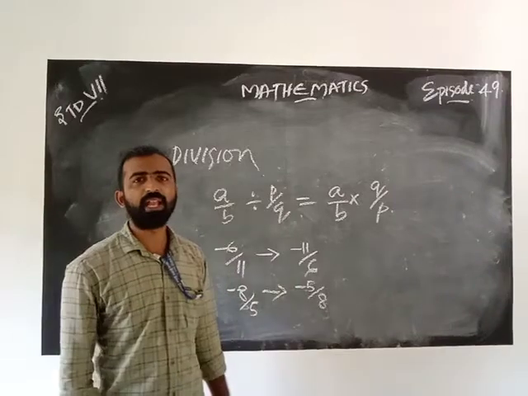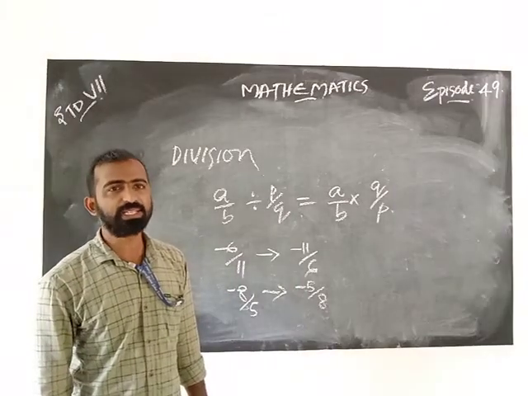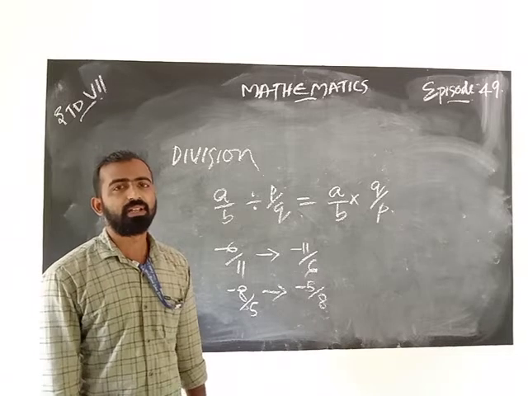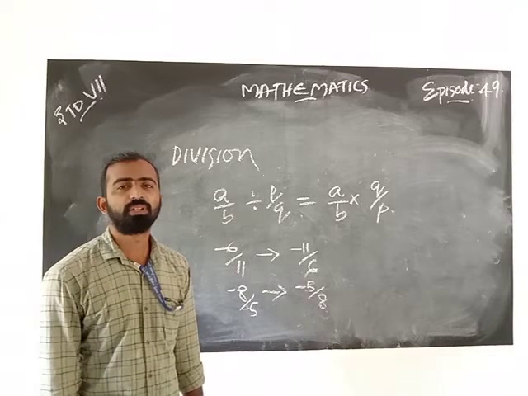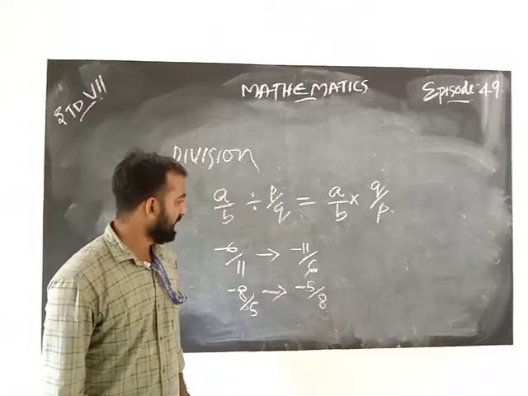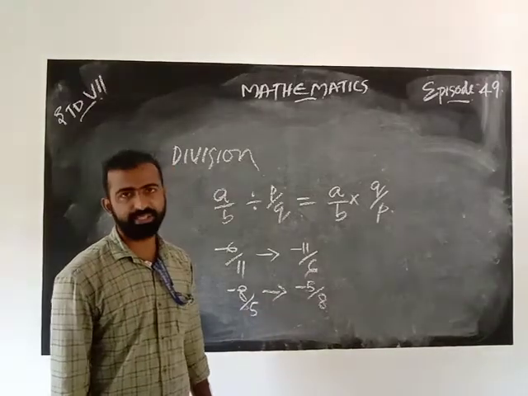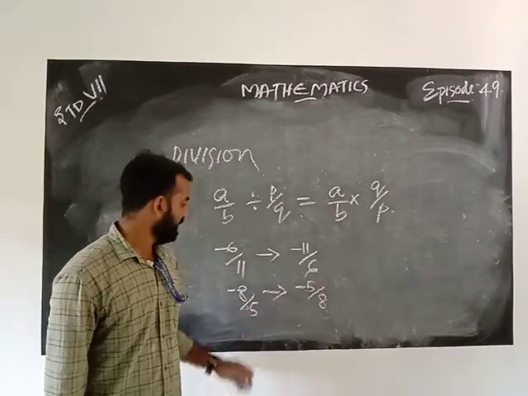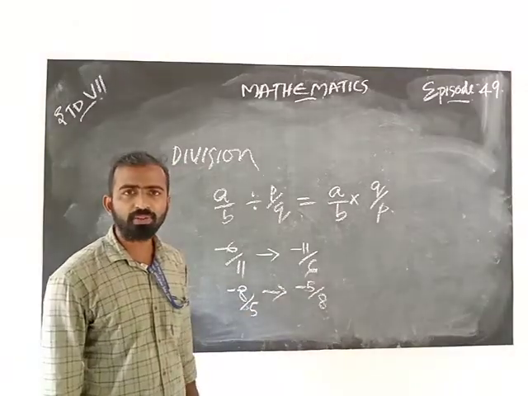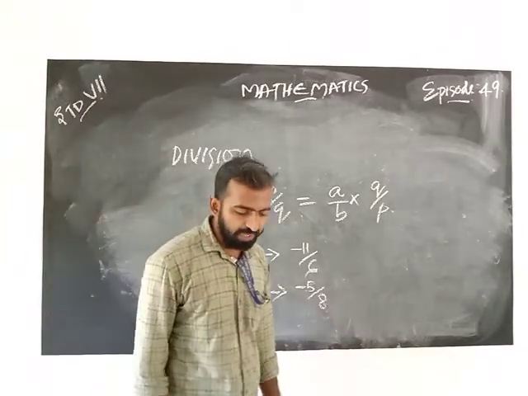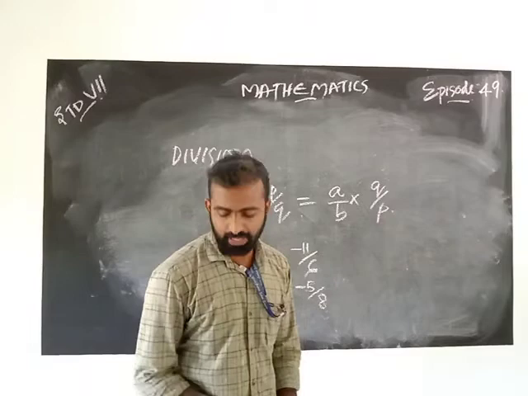Any doubt? And the reciprocal of negative 5 by 8 is negative 8 by 5. These are vice versa.